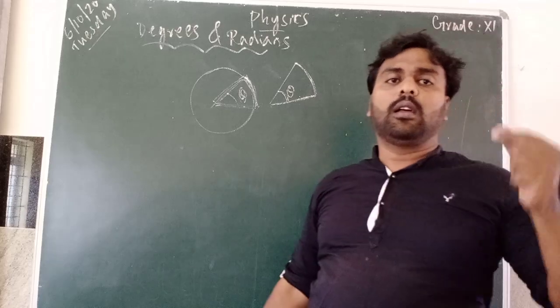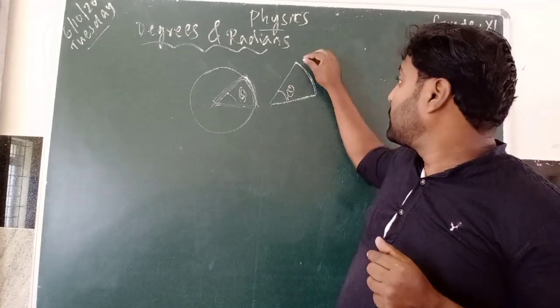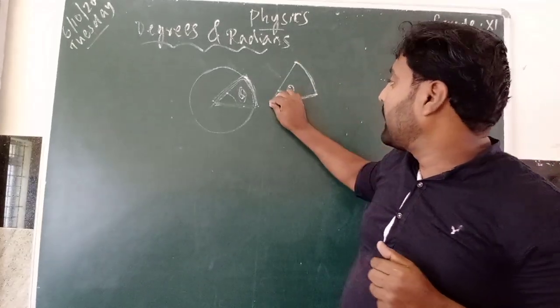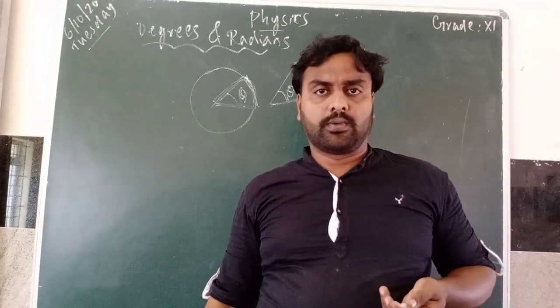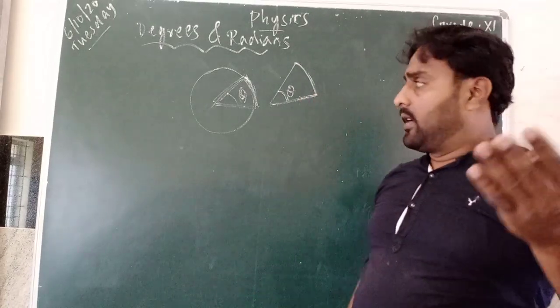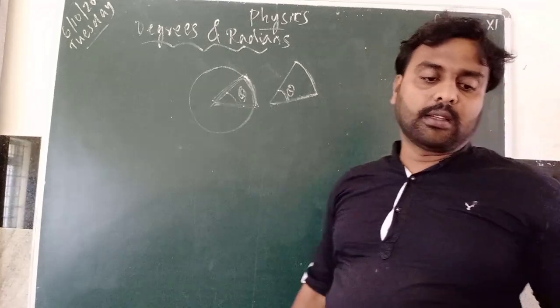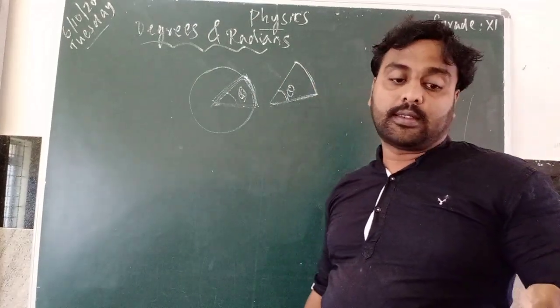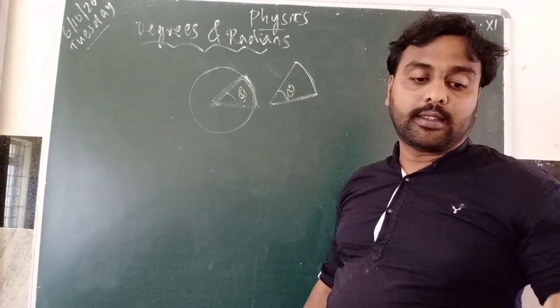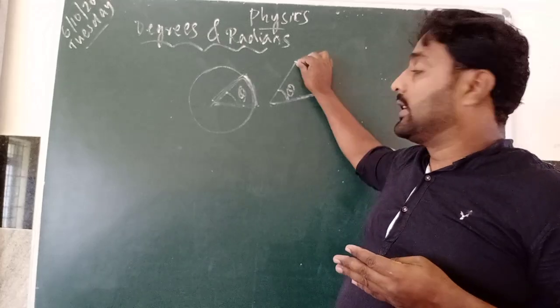So we can find the radian by using the length of the arc divided by the radius of the arc as well. Then you can see on page number 88 how the radian is described and how it is defined.